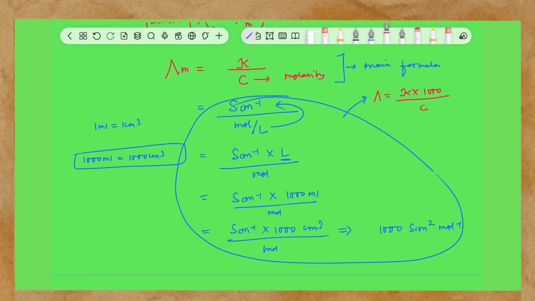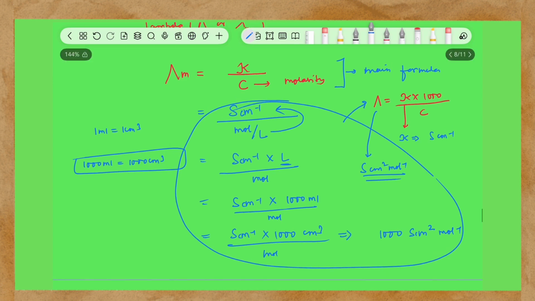When we use this formula, if kappa is in terms of Siemens per centimeter, then we will get the unit of molar conductivity as Siemens centimeter square per mole. So you have to learn this.